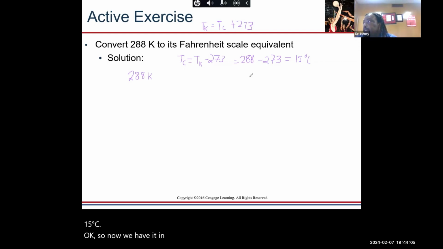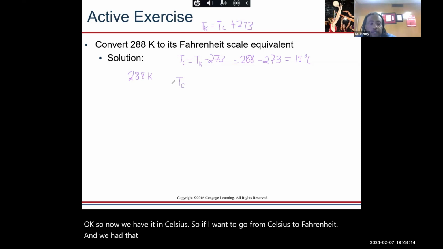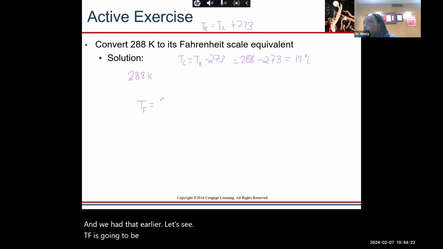If I want to go from Celsius to Fahrenheit, we had that earlier: TF is going to be equal to 1.8 times TC.